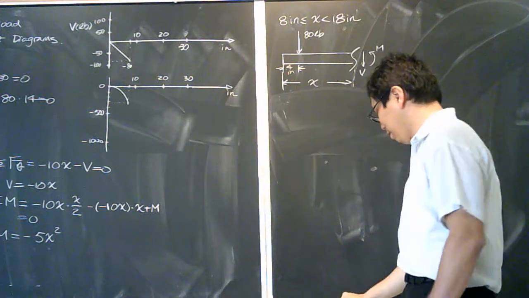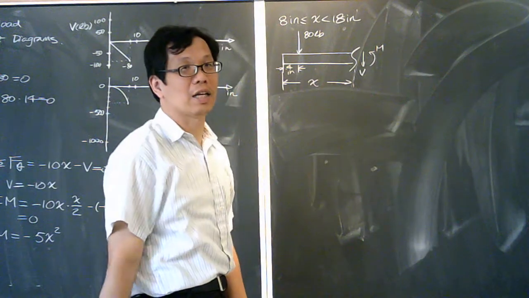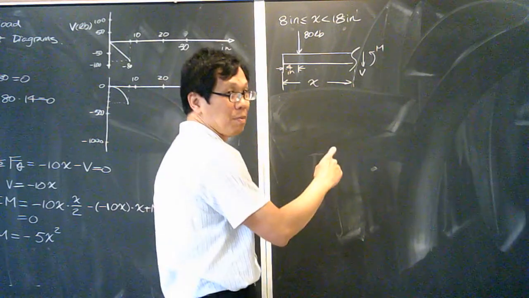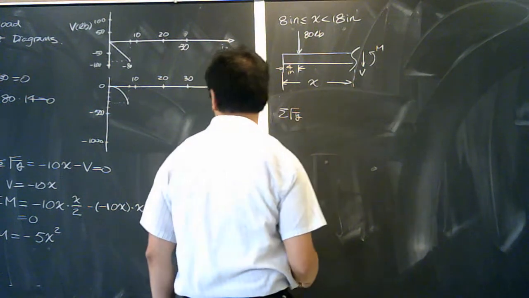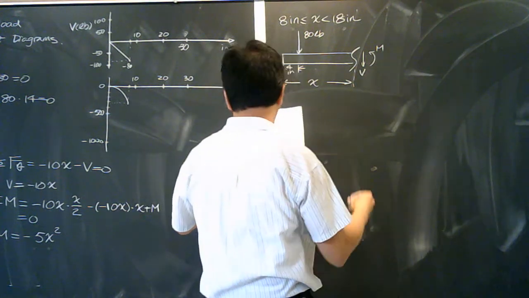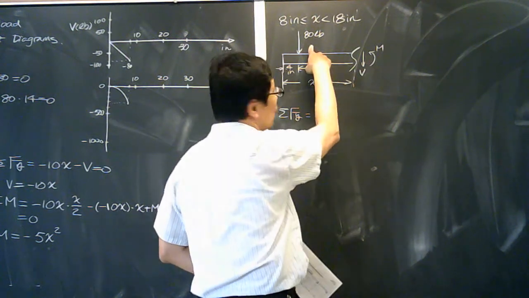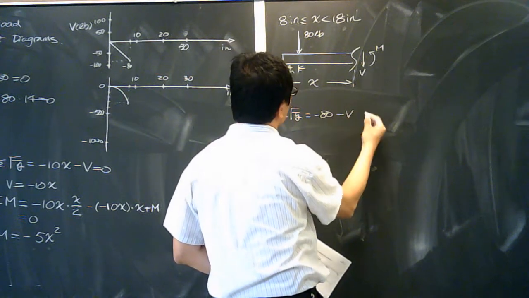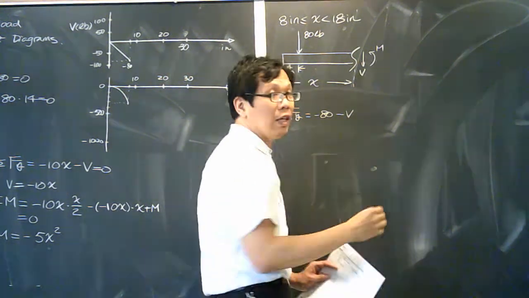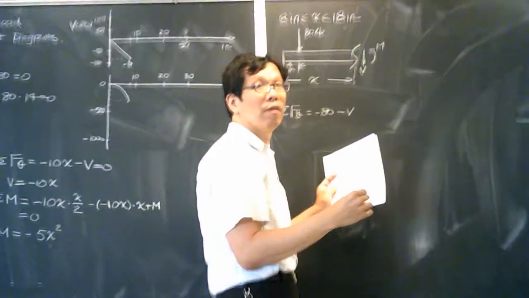Okay. So if you do this, again, we don't worry about x force in this case because we don't have any. But we do have y forces and moment. In this case, I have negative 80 over here. I have negative V over here. Do I have any other force I need to include in this equation?